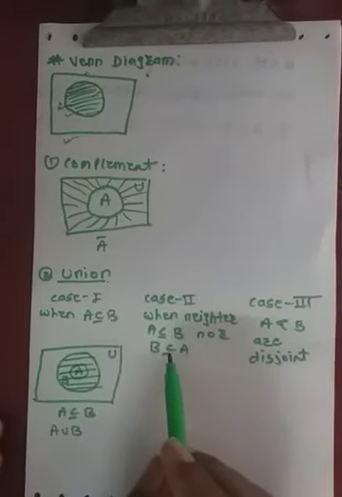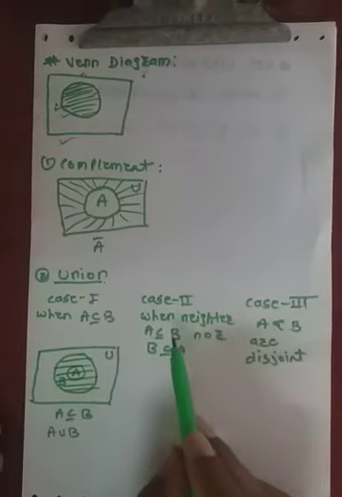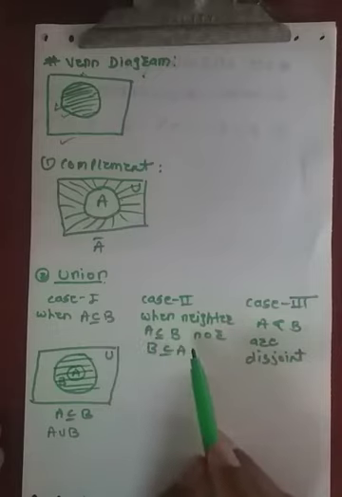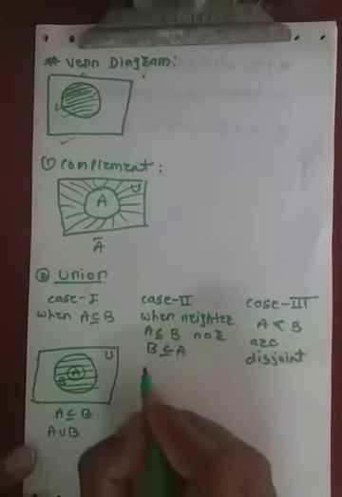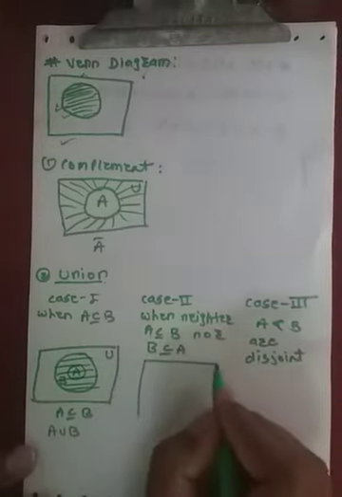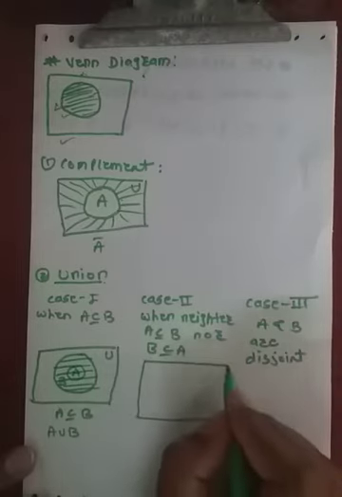Now consider second case when neither A is subset of B nor B is subset of A. In that case, the Venn diagram will be like that.